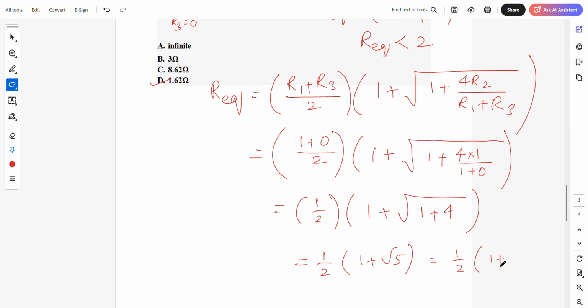And what will be the value of root of 5? I told you in the previous video that root of 3 is 1.732, right? Similarly, what root of 5 will be, that you have to remember always.